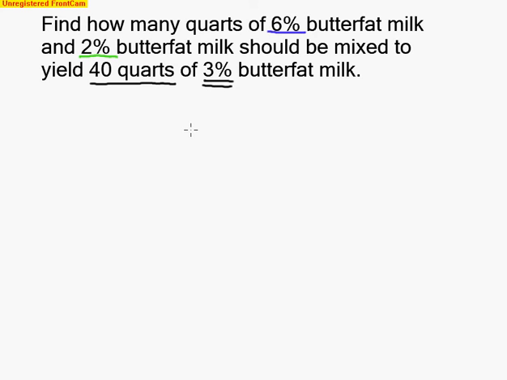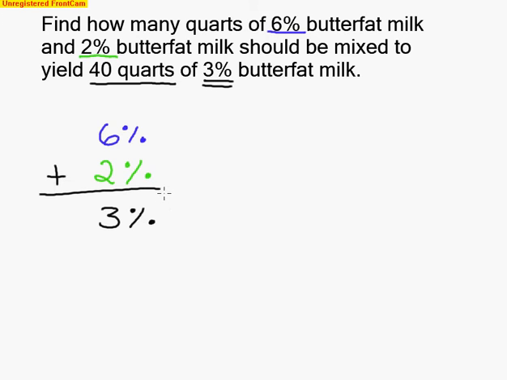So we have 6% being added to our 2% to result in 3%.